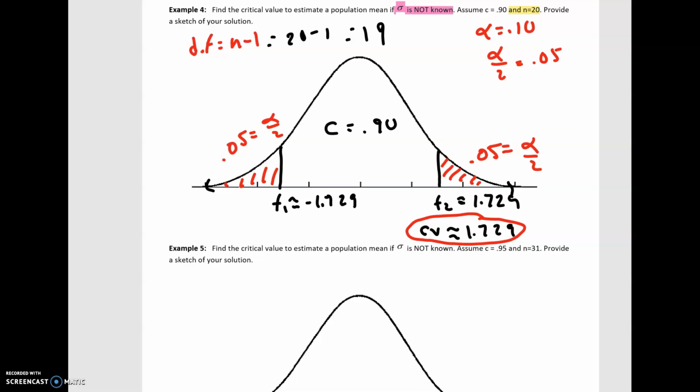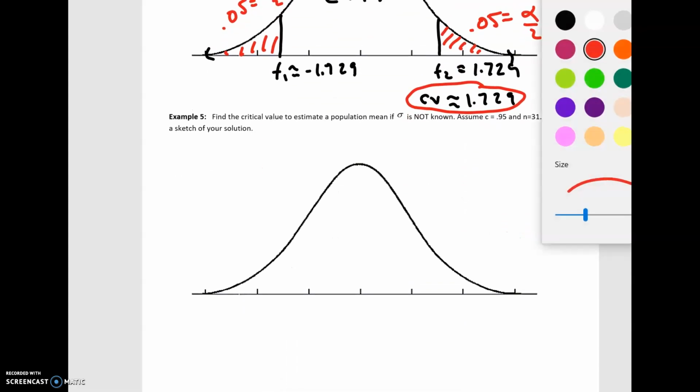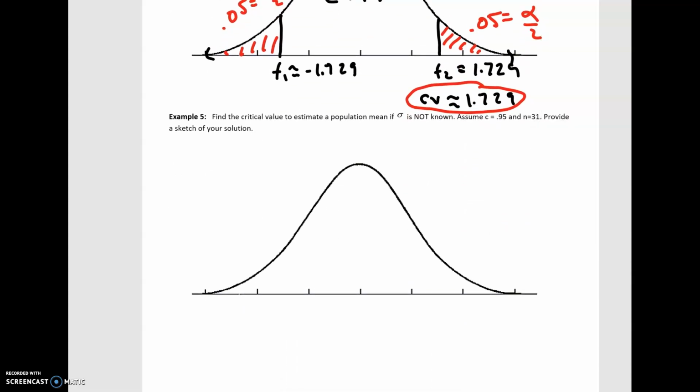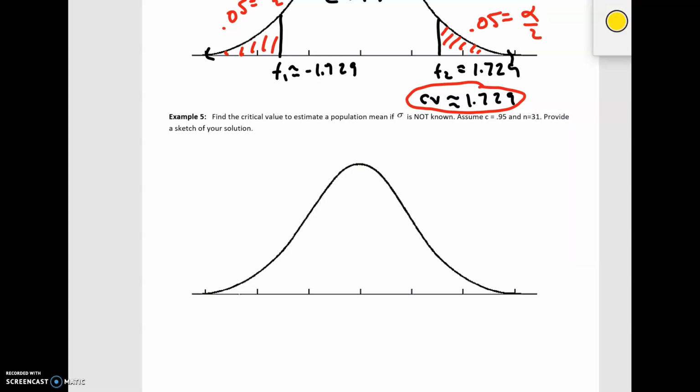Now, let's take a look at example 5, the last example for this scenario. In this case, they're estimating the parameter of a mean and sigma's not known. So we're going to be dealing again with a scenario where we have the t distribution as the shape.